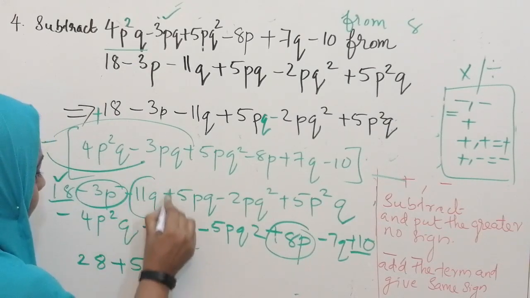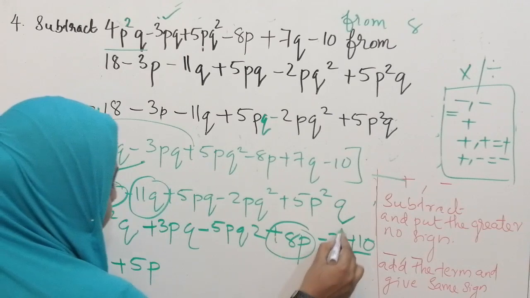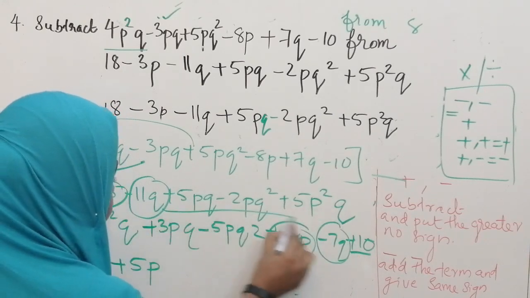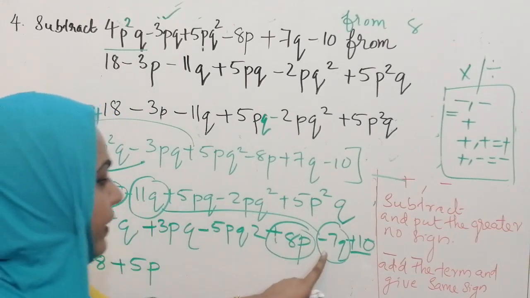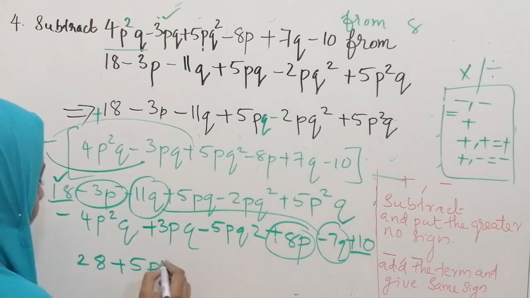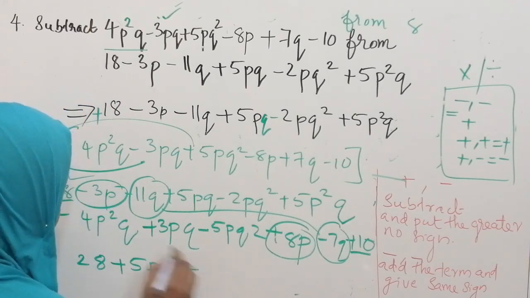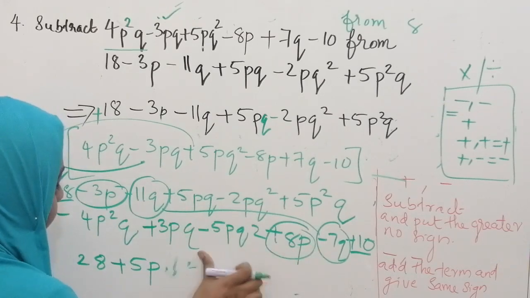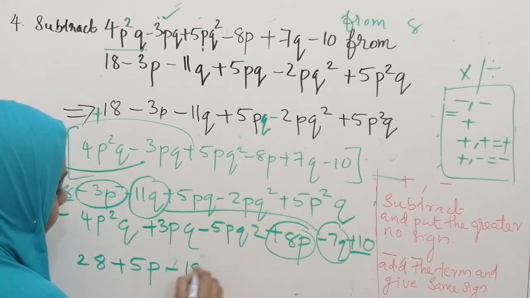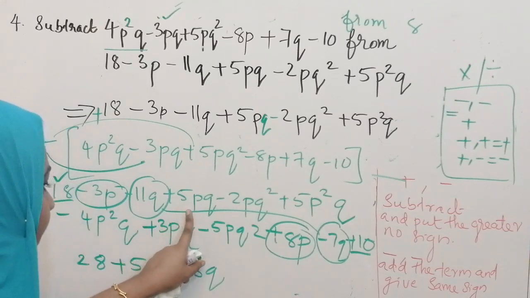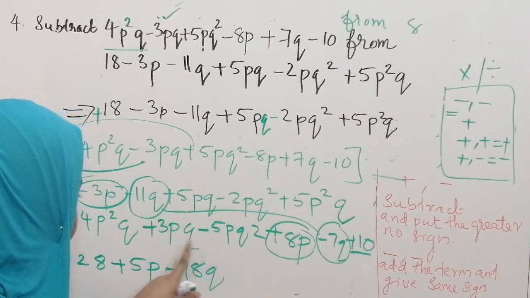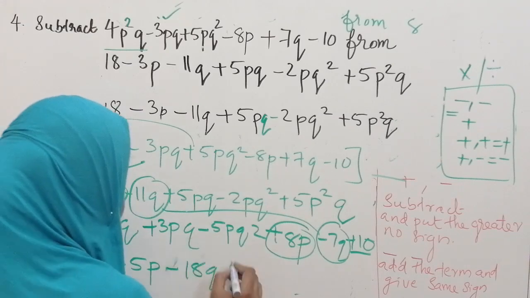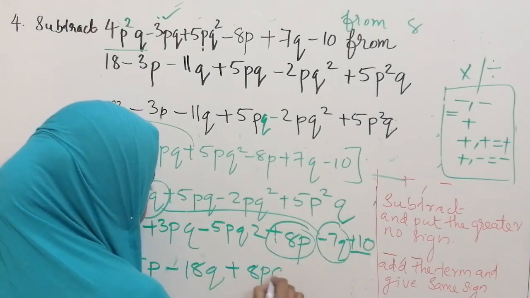Next 11q and minus 7q. Here minus 11q and minus 7q, minus and minus, add and give minus. So minus 18q. Next is plus 5pq and plus 3pq. So the answer is plus 8pq.